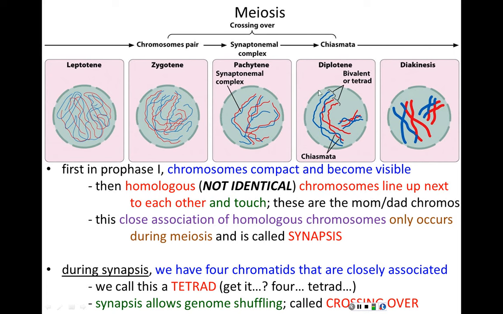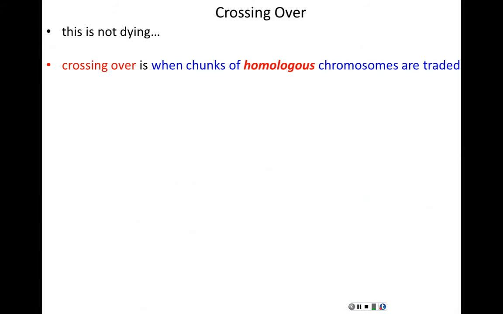The end result of Prophase I is synapsis, as shown here. Homologous chromosomes side by side. Your 4 chromatids, 1, 2, 3, 4, all side by side, creating your tetrad. These chromosomes are in synapsis. So what is crossing over if it's not dying?